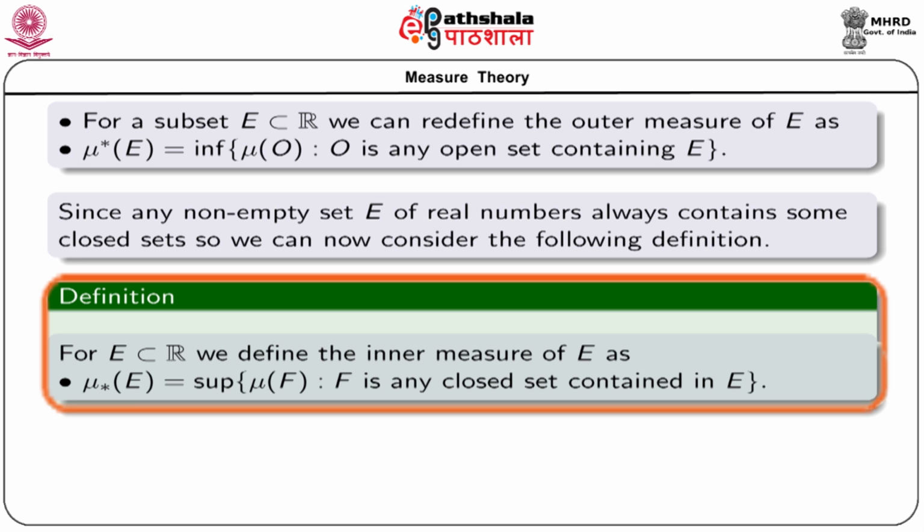In inner measure, what we are doing is that we are taking closed sets contained in E and taking the measures of these sets, we have a set of real numbers which are intuitively all less or equal to the length of the set E, and we are taking the supremum of all these numbers.